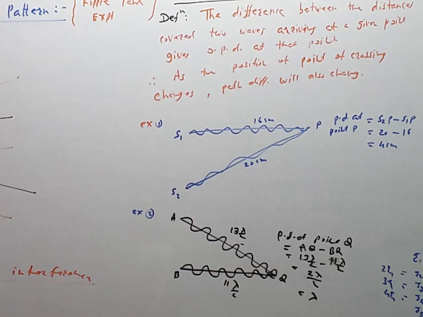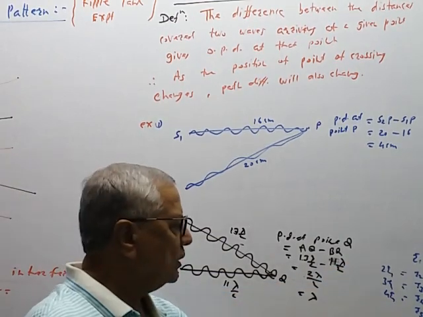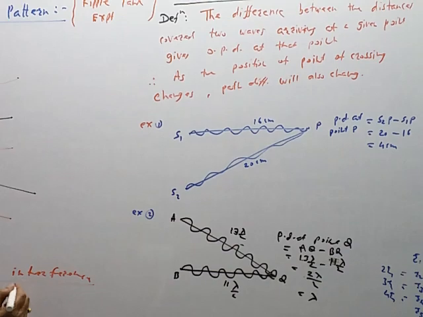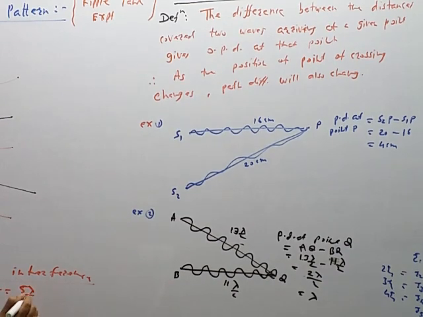This is the distance covered by the first wave. This P1 point lies on the fifth circle, 1, 2, 3, 4, 5. So AP1 is equal to R5, and BP1 is also R5. By this scale, R5 is equal to 5 lambda by 2. So the distance covered by the first wave is 5 lambda by 2, and the second is also 5 lambda by 2. So this is equal to 0. So path difference at point P1 is 0.